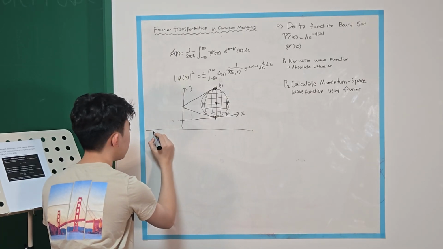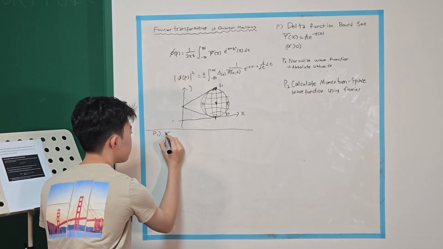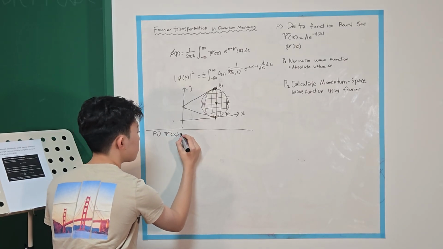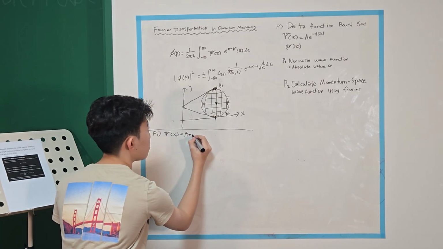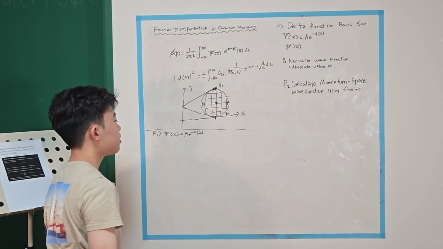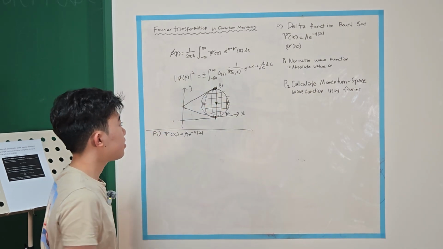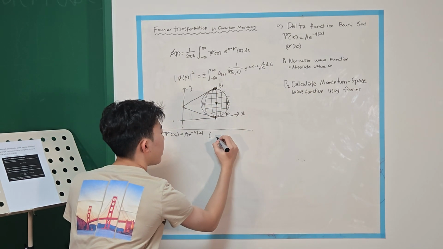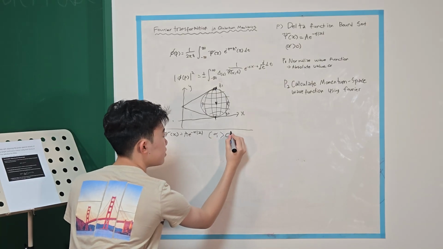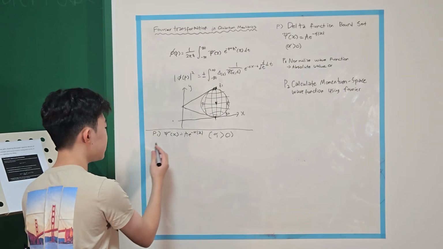This is the wave function, right? It's there, but then it says that alpha is bigger than 0, because if it's smaller than 0, it'll be a negative infinite well and become 0.